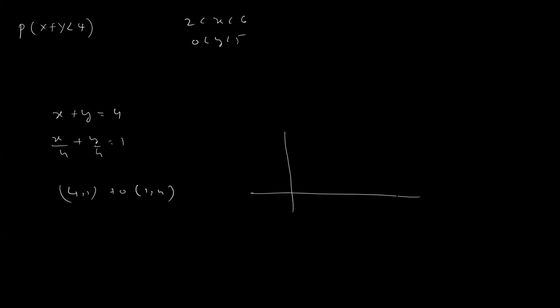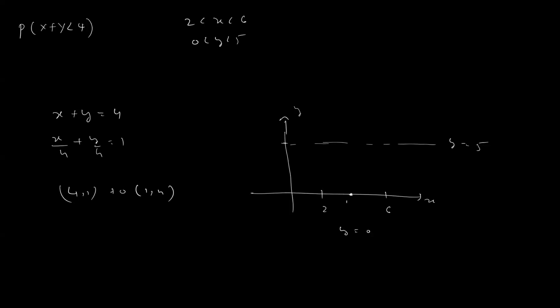this is x and this is y. So x is between 2 and 6 and y is between 0 and 5. So y is 0, and 5 is somewhere here. I will just take a dotted line over here. So this is y is equal to 5. 4 comma 1 will be somewhere here.